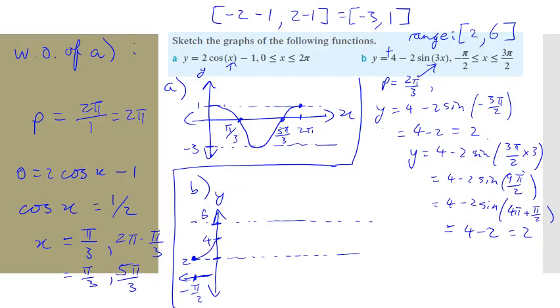So we're going up. We have 2 pi over 3. This domain here goes for 2 pi. So 2 pi divided by 2 pi over 3 gives us how many cycles?